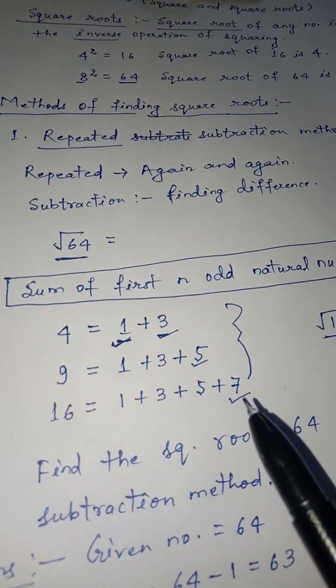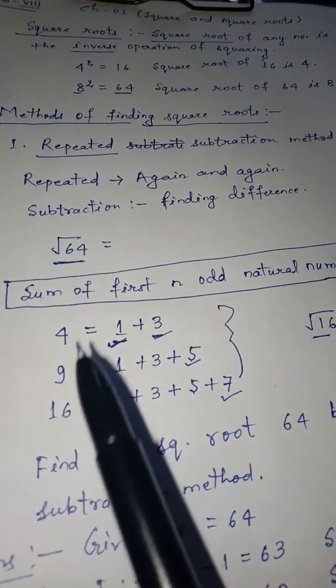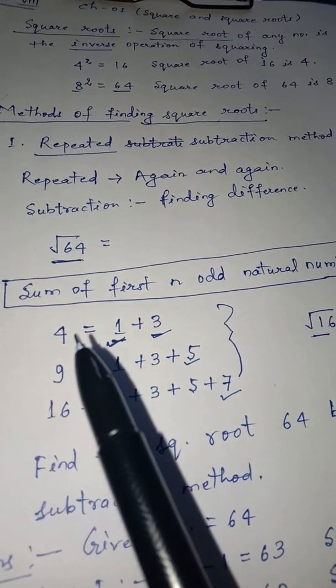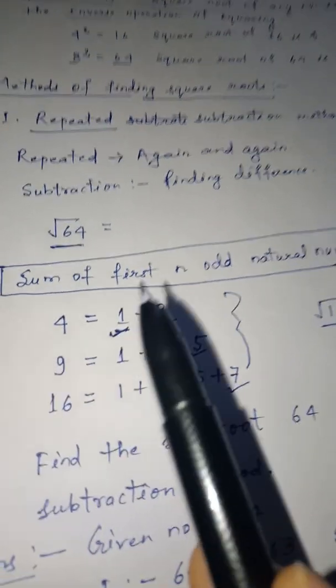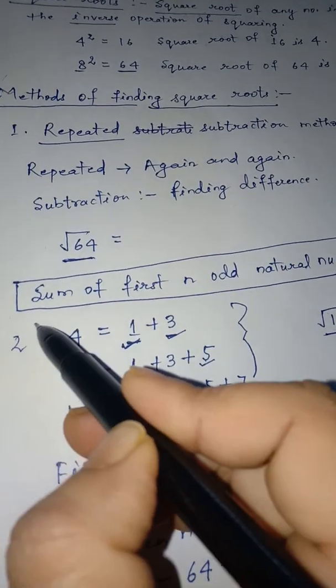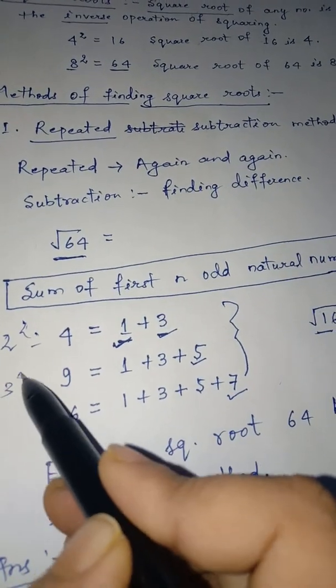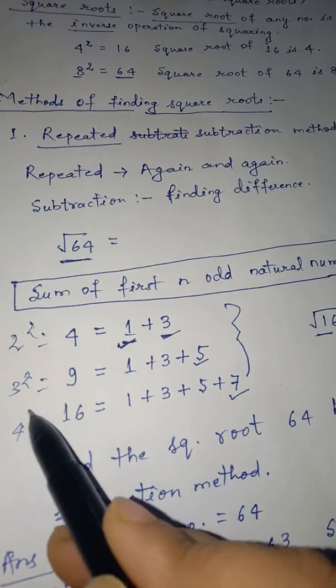Very easily we have found the squares of 2, 3 and 4.